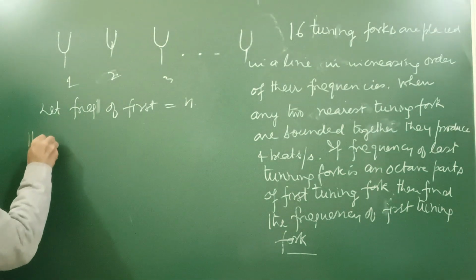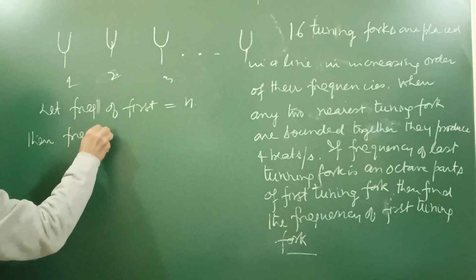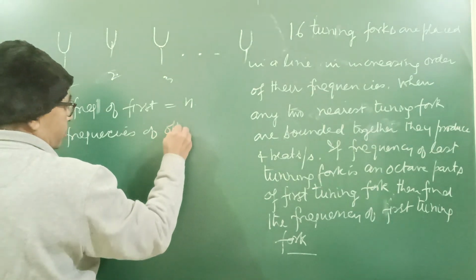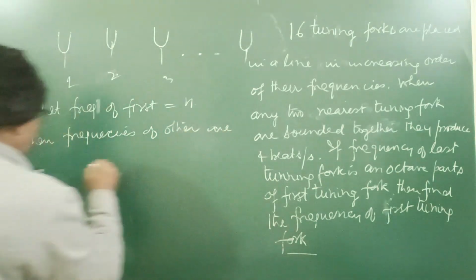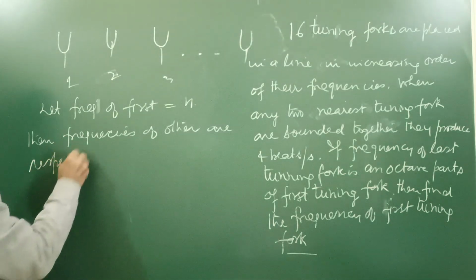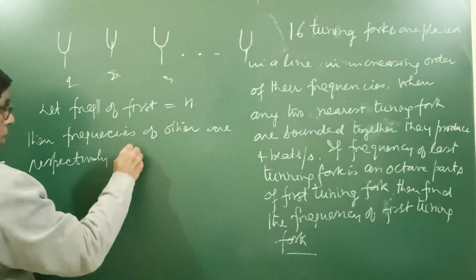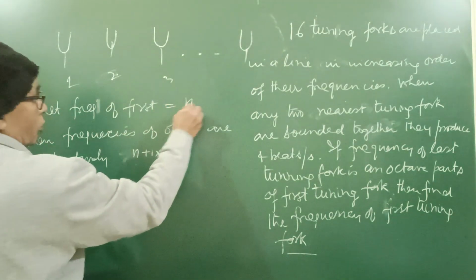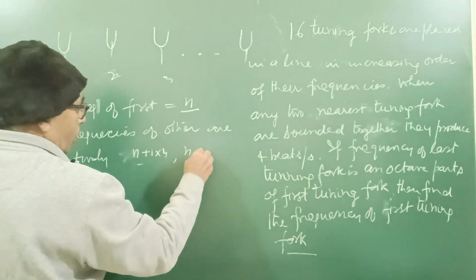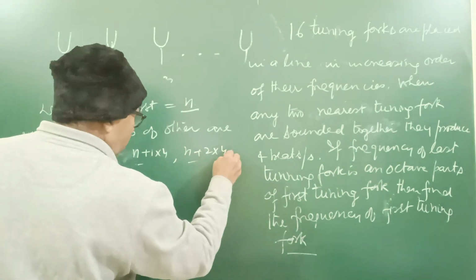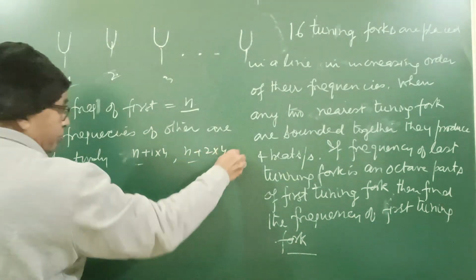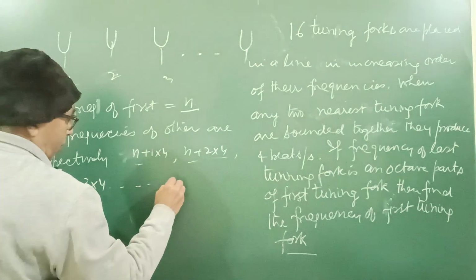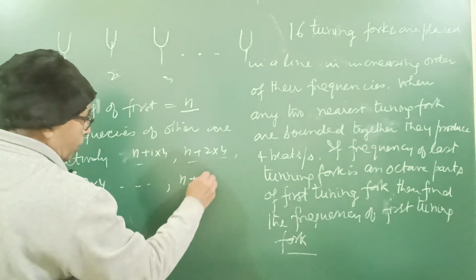Then the frequencies of the others are respectively n plus 1 into 4, which is for the second; n plus 2 into 4, which is for the third; n plus 3 into 4, which is for the fourth; and so on, and finally n plus 15 into 4.